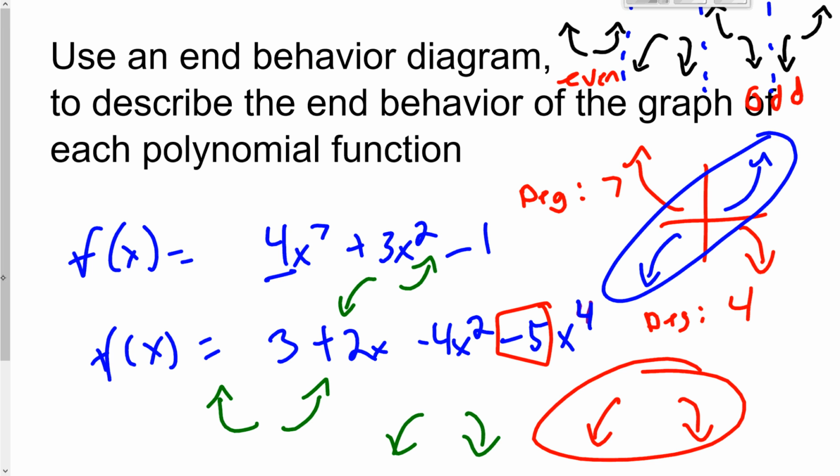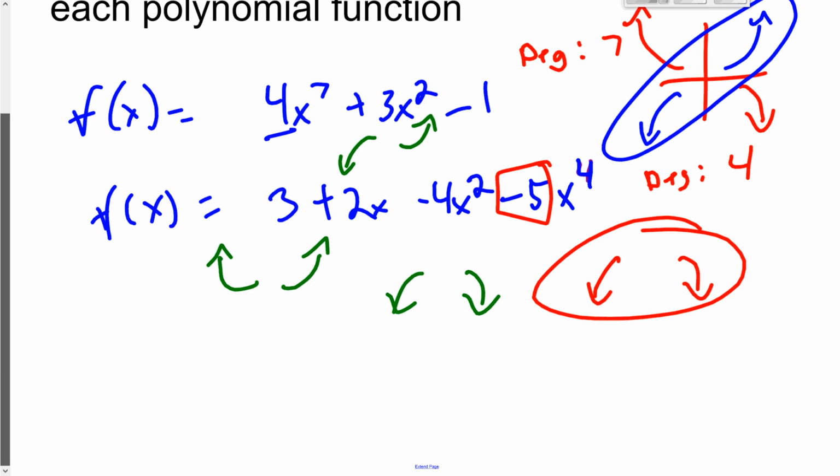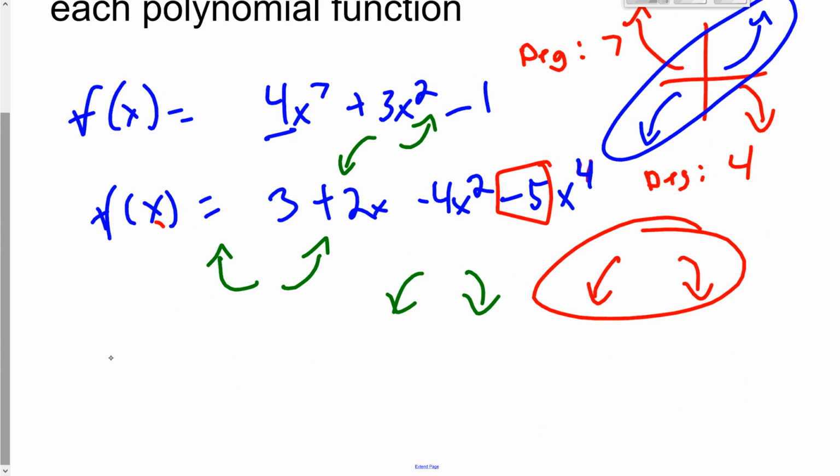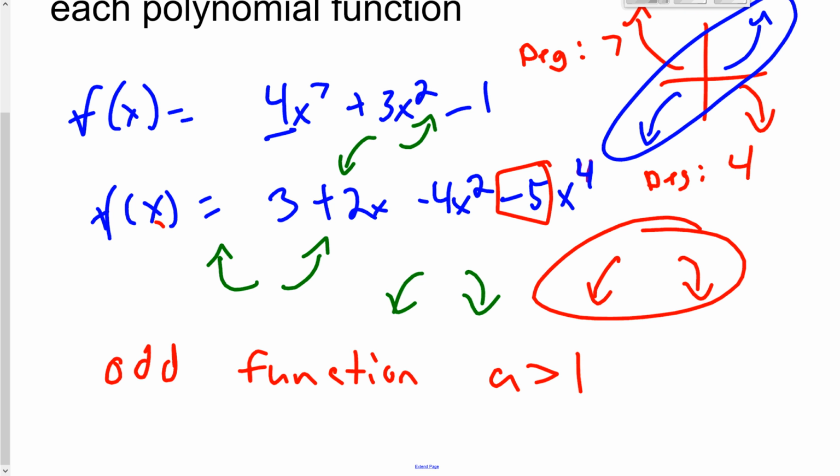Basically, there are some rules you could write down. If it's an odd function and a is greater than 0, so it's positive, then it is going to go down to the left and up to the right.